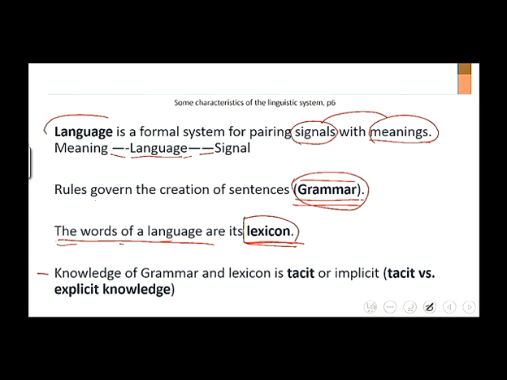This is really important. Now, knowledge of grammar and lexicon, these two things, is tacit. Tacit or implicit. What do we mean by that? Well, I might ask you right now a question. If I ask you, well, probably you all speak Arabic, right? So if I ask you, does Arabic allow consonant clusters? Consonant clusters, for example, let me look for a word here.